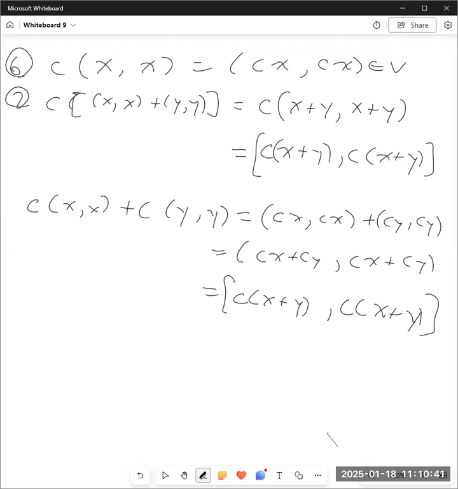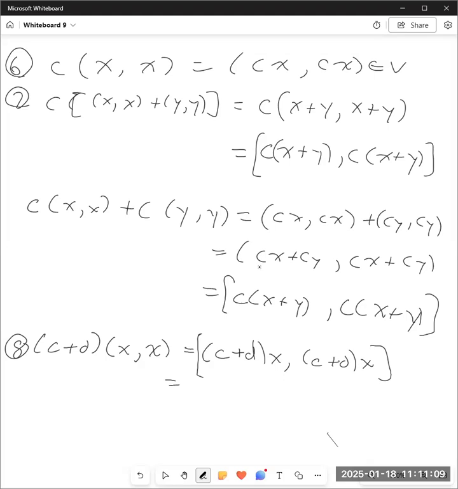Number 8 says c plus d times x should be equal to cx plus dx.